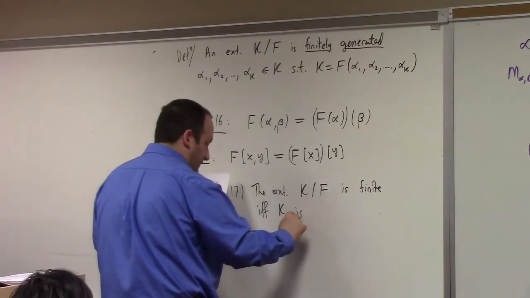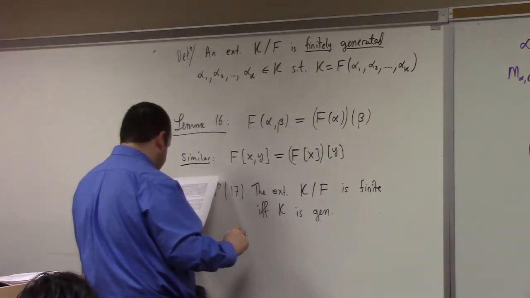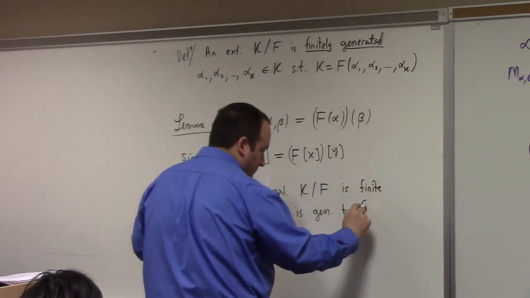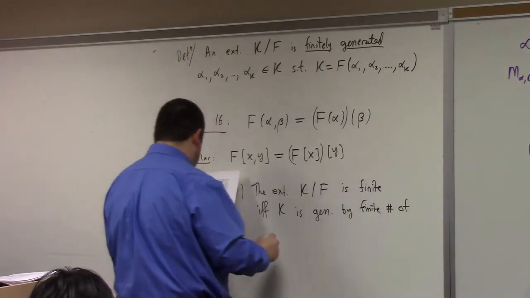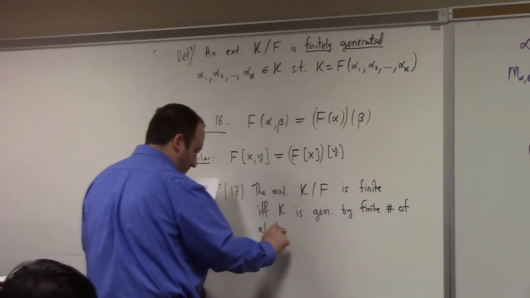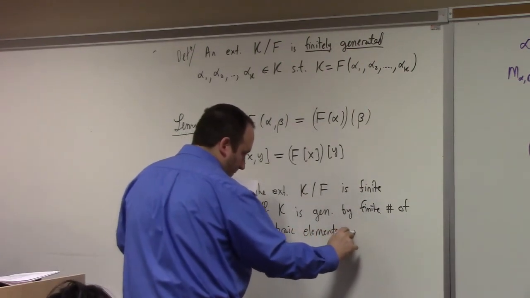K is generated by a finite number of algebraic elements over F.